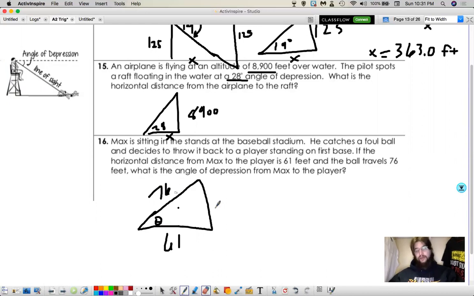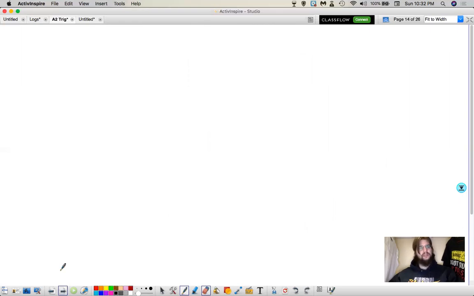Did he throw it straight down? No. He threw it at an angle of depression. So set it up. Adjacent, hypotenuse, that's going to be cosine inverse of 61 over 76. You can type that in yourself. All right, I think that's it for today. Well, for this lesson. Moving on.